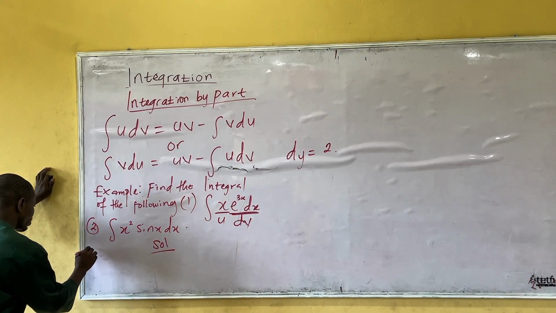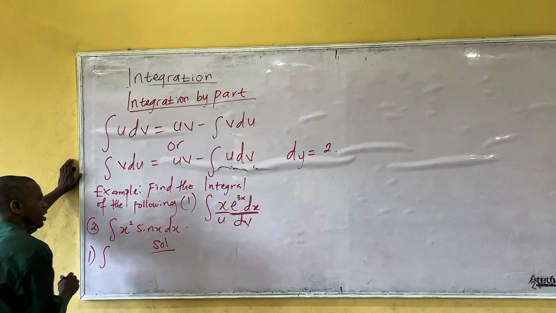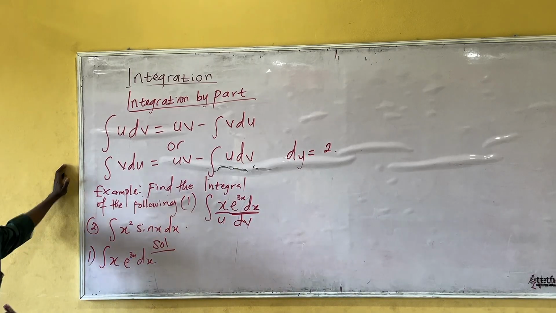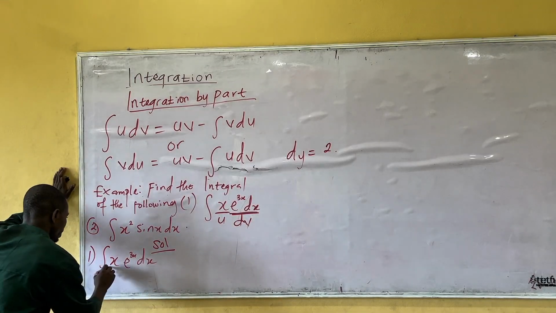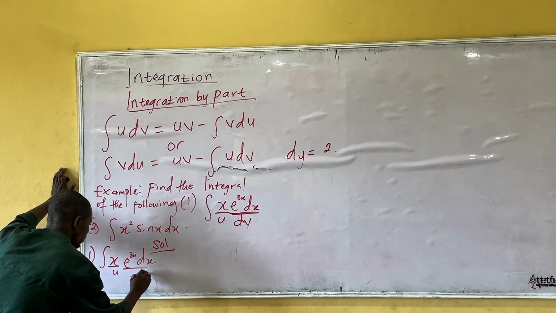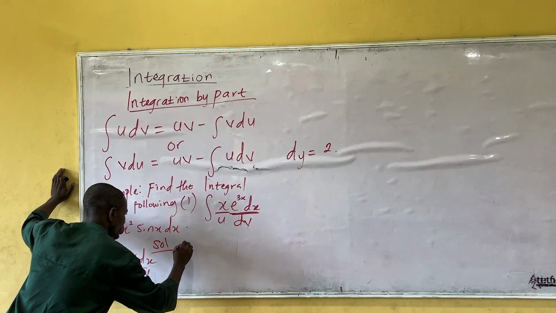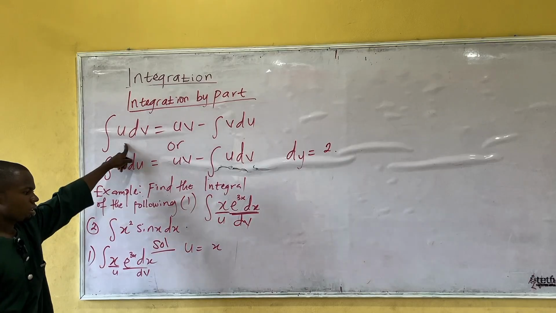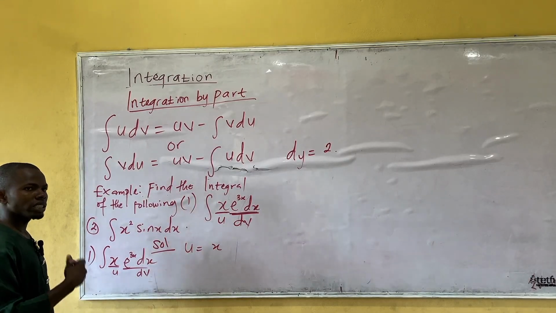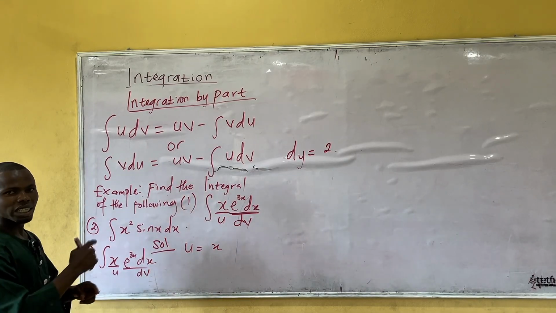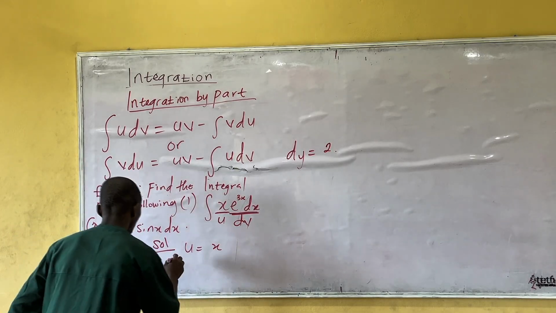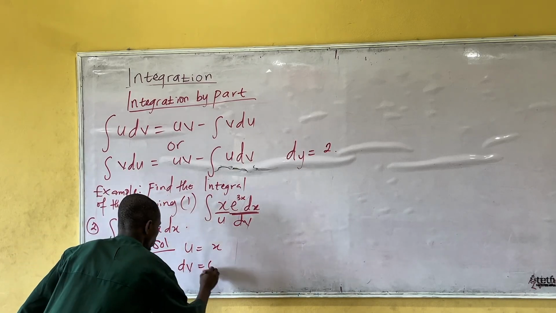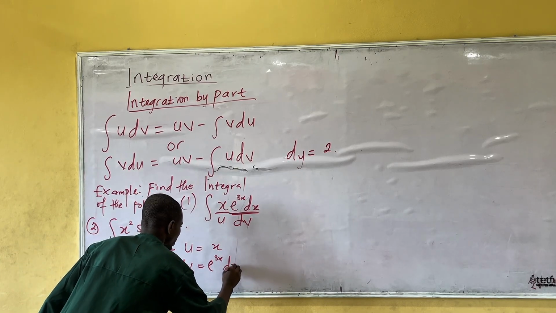Solution. Question 1. We are given the integral of x exponential of 3x dx. With the nature of this question, this is my u, and this is my dv. Which means u equals x, and dv is exponential of 3x dx.